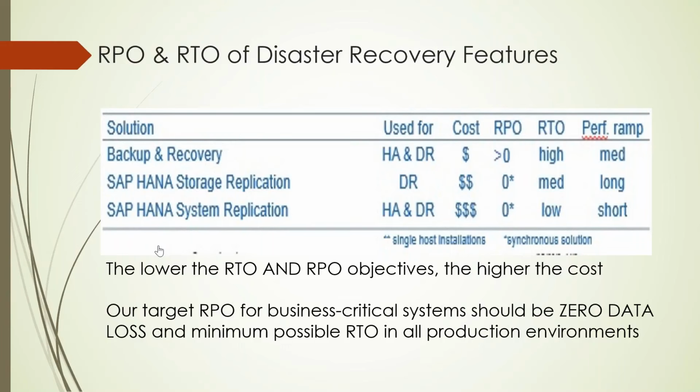If the network is also not there, for example, you want your disaster systems to be up, but you're not able to connect to the DR side, then the network team is responsible.